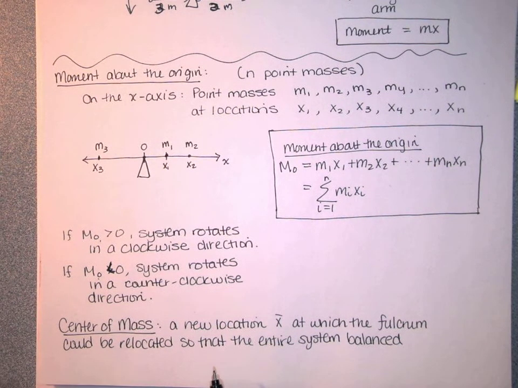So it's a new location, x bar, at which the fulcrum could be relocated so the entire system balances.